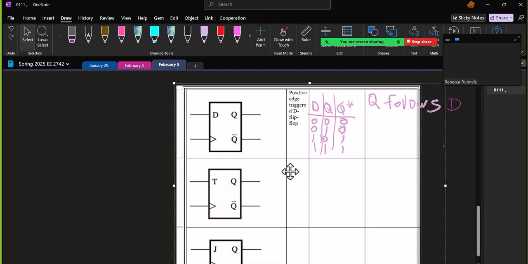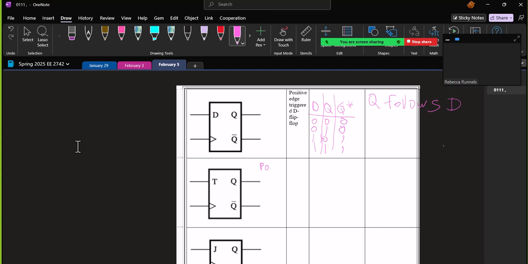This next one is a positive edge triggered T flip-flop. And if T is 0, then Q is unchanged.